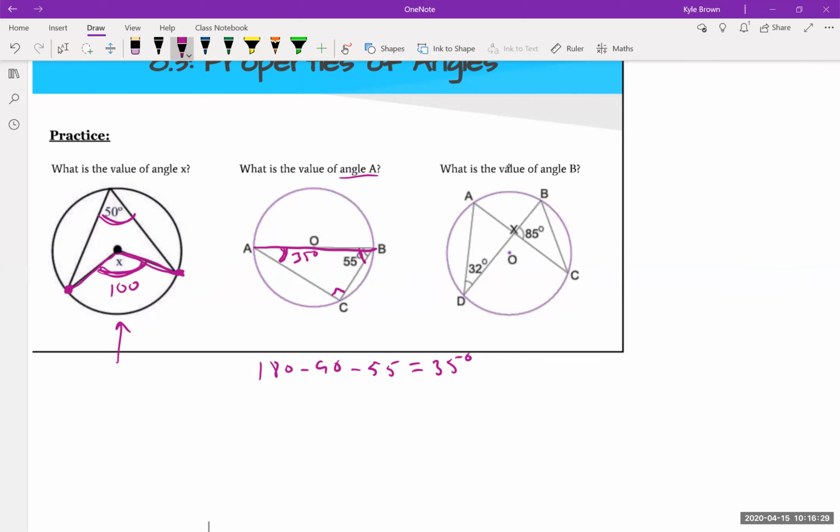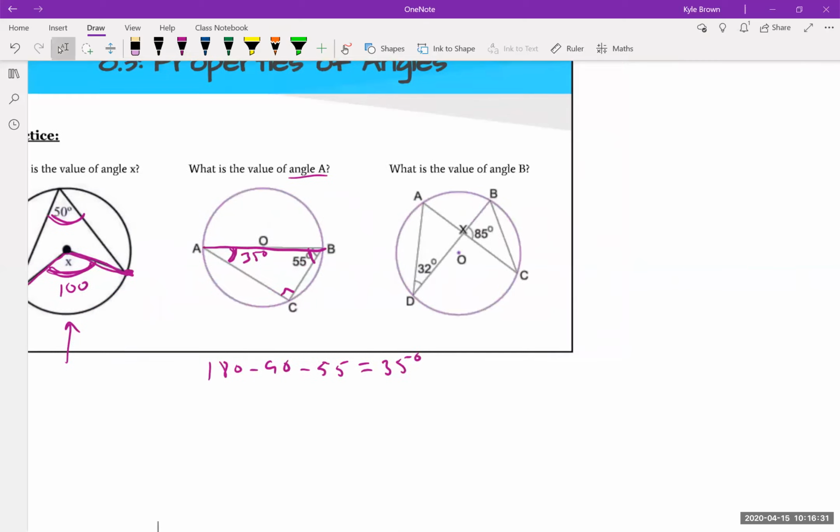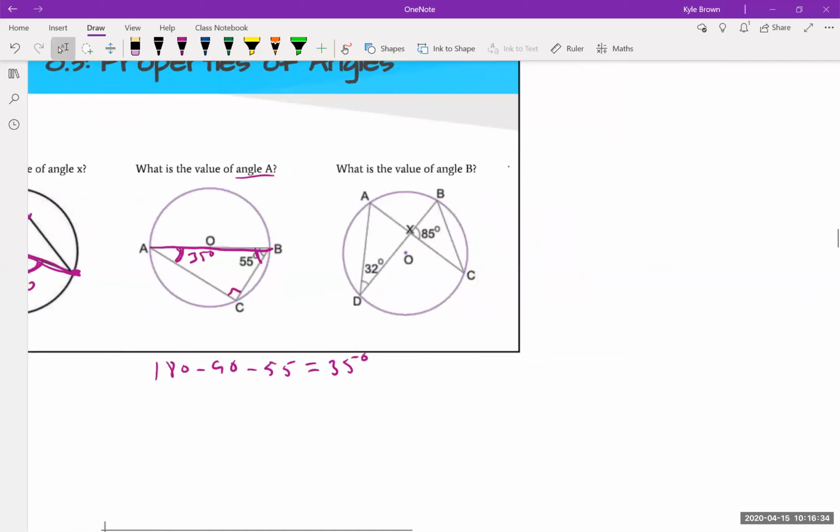Okay, now what is the value of angle B? All right, so looking at this one, I'm trying to get my bearings on this. Well, can you guys see the legs?